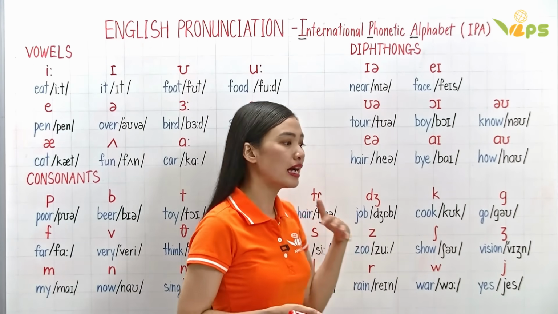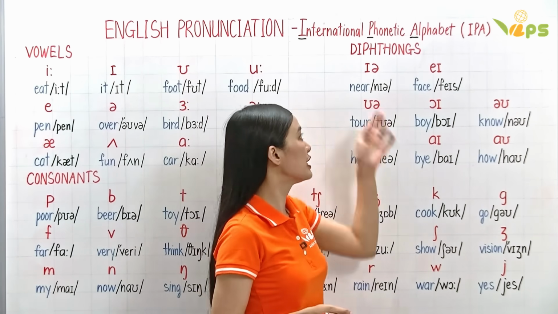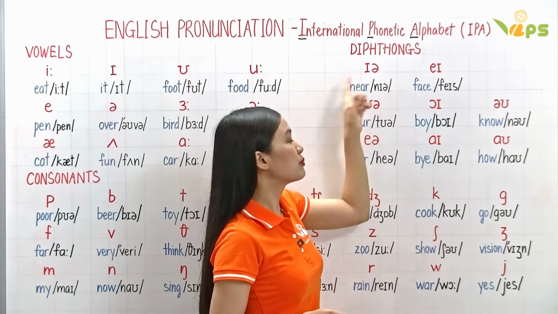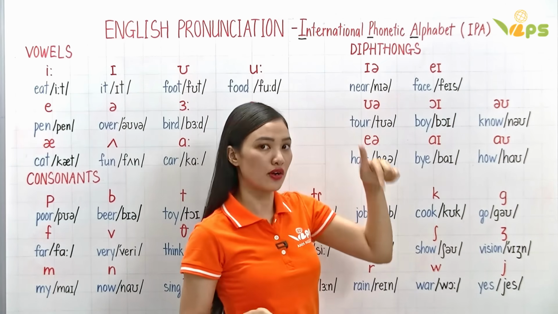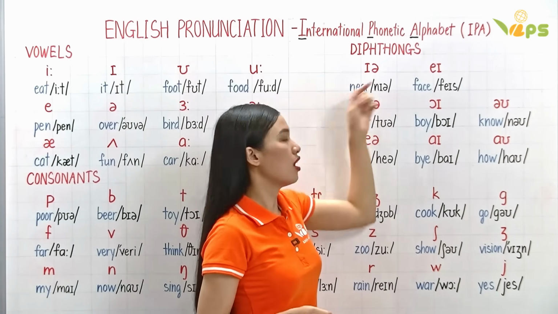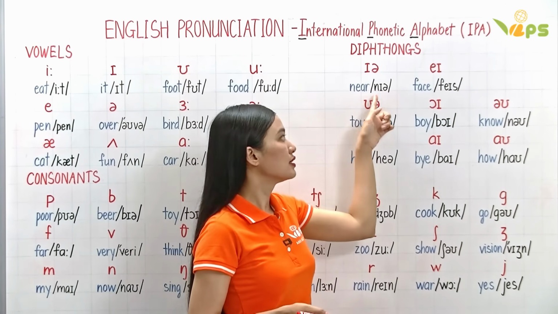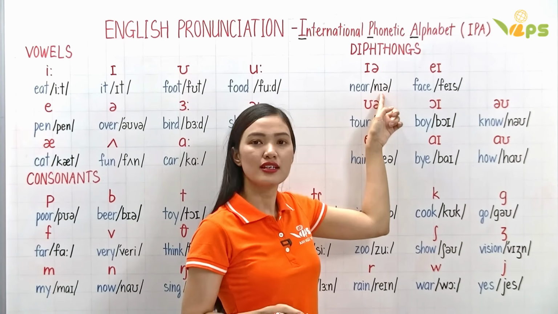Remember that a diphthong is actually two vowel sounds together, but we pronounce the first vowel longer. Ear, near.